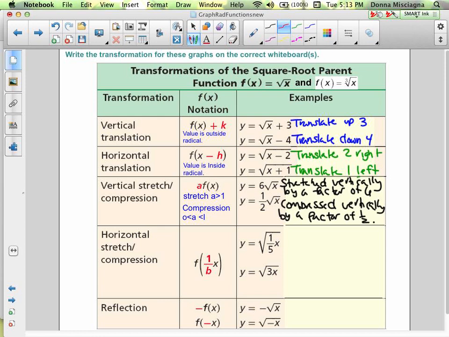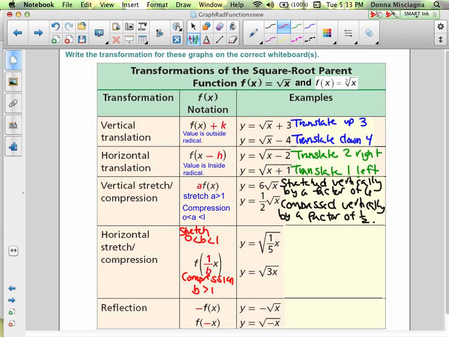Before it was just 1. So this is going to be a stretch. Over here you can write stretch if b is between 0 and 1, and then it's a compression if b is greater than 1.